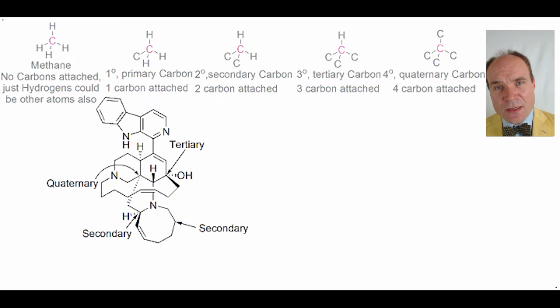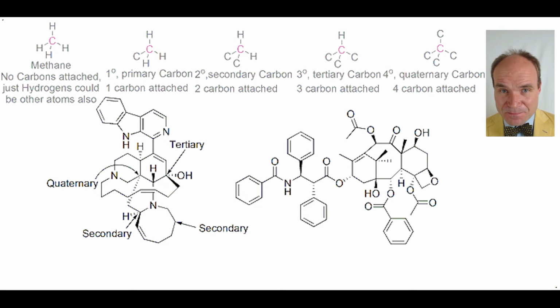Now we'll look at Taxol. Within this molecule, you can see here we have a primary carbon. It has three hydrogens. They're not drawn, but we're not worried about them. It does have one other carbon attached to it, hence primary carbon. Next, if we look at this carbon, there are four other carbons attached to it.